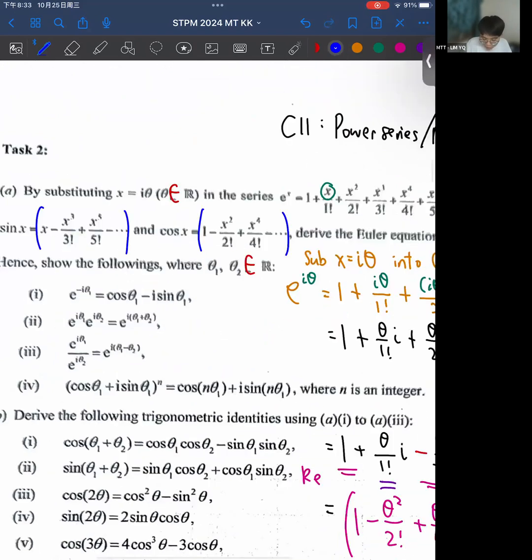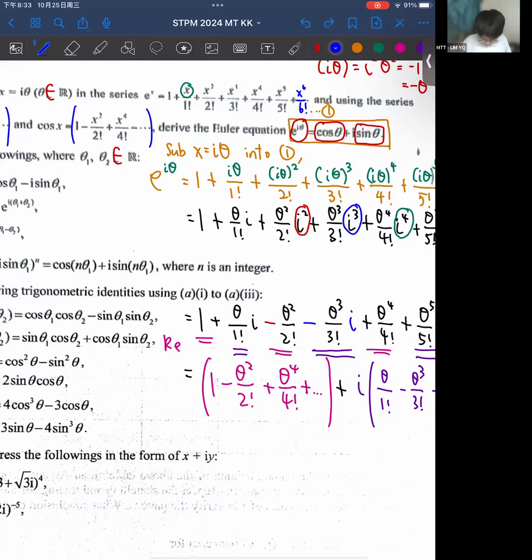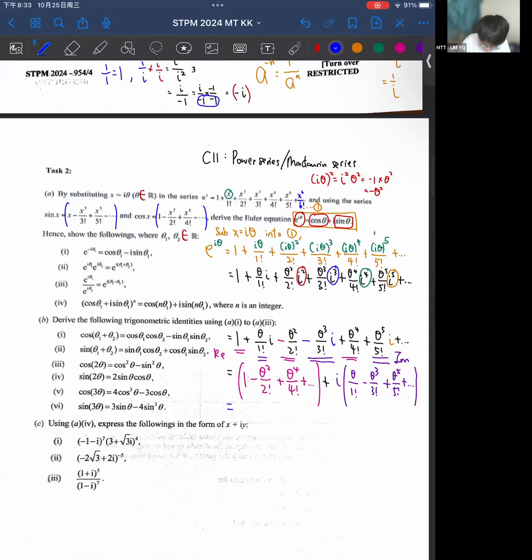So the first part is your cos. This is your cos: 1 minus x squared over 2 factorial becomes theta squared over 2 factorial, and theta power 4 over 4 factorial. So this one, I use a different color. The pink color one means I substitute the real part, it becomes cos x, using the series just now.